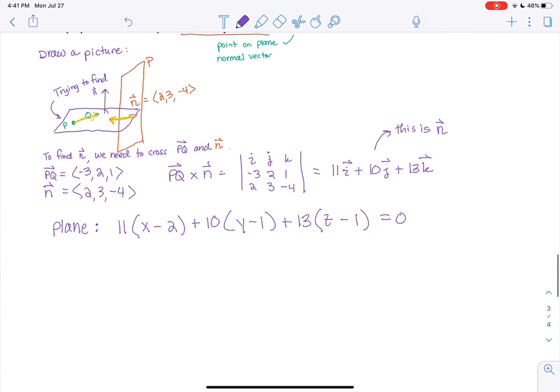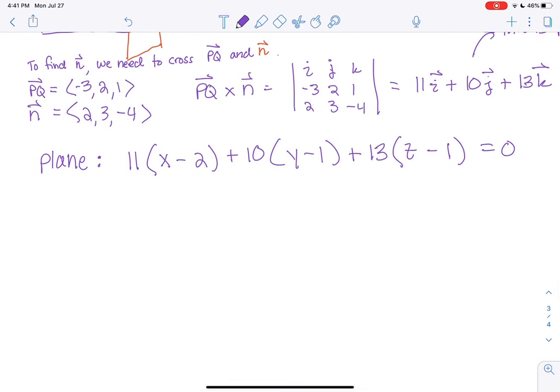Or you can distribute this out to be 11x minus 22 plus 10y minus 10 plus 13z minus 13 equal to 0.